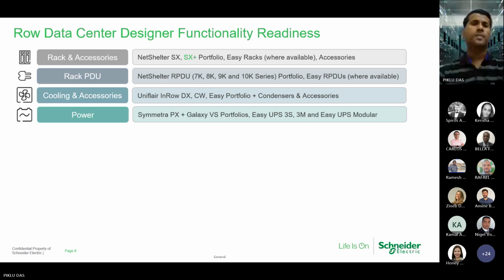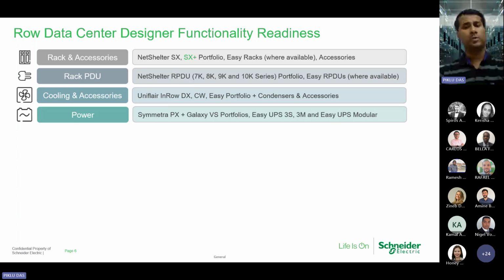Then in the power, yes, we have to migrate the Symmetra PX units, even though they are not very much used nowadays in many of the countries. But since we have to migrate the ISX Designer products, we have got all the Symmetra PX units in your country and region, along with the Galaxy VS portfolio, Easy 3S, 3M, and the Easy UPS modeler.